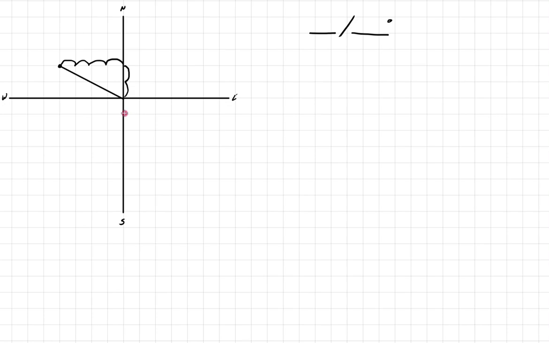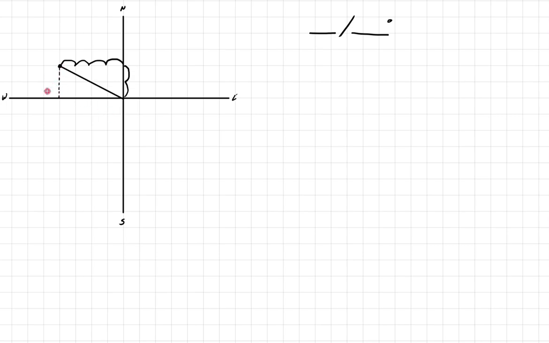Well, the way that we find out the degree of measure for that is we treat it like it is a right triangle. And we find the length of this hypotenuse. The way we find the length of the hypotenuse is we get the dimensions of our right triangle.